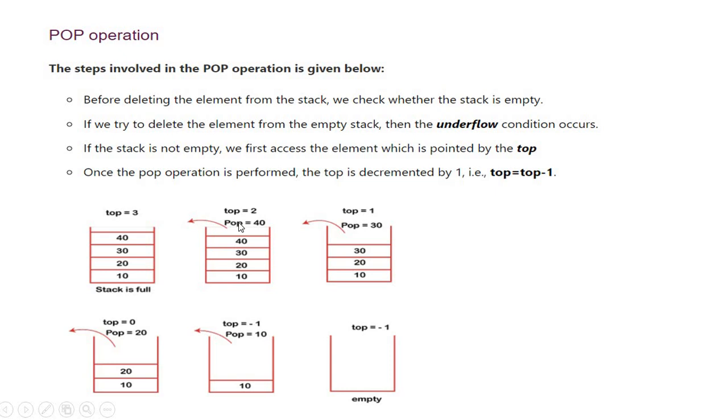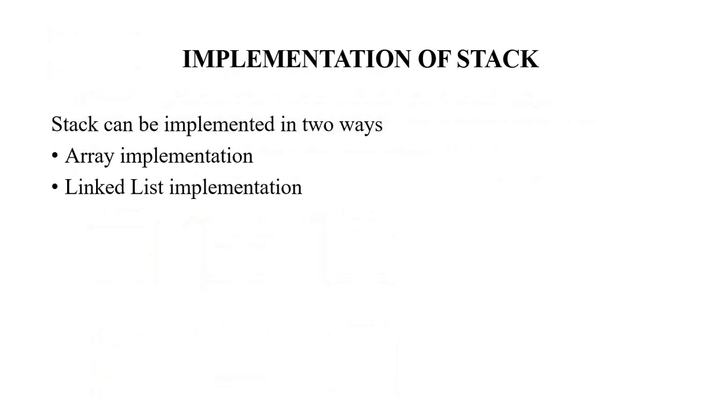If I want to insert one more element, 50, first we will increment the top value. So the top value becomes 3, which is this position, isn't it? At this position I'll override the 40 with 50. So we are not erasing the value, we are just incrementing and decrementing the top value. If a value already exists, while pushing we are overriding the value. That happens over here.